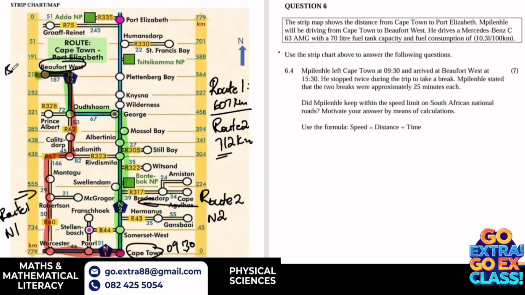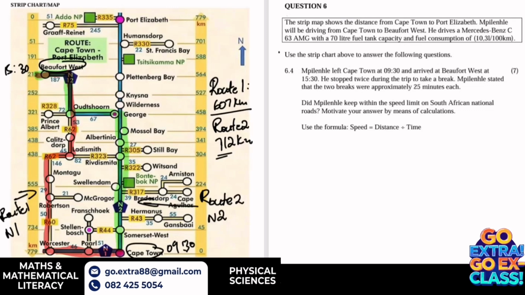This is the time of arrival, and the time of departure is the one at the bottom. Now he stopped twice during the trip to take a break, and Mpilenhle stated that the two breaks were approximately 25 minutes each.